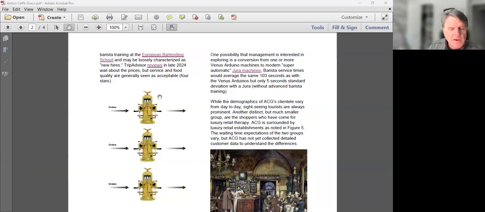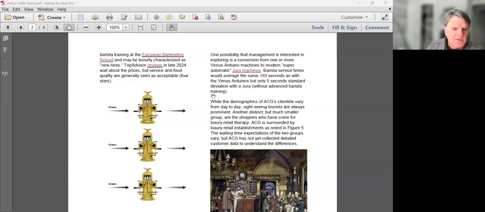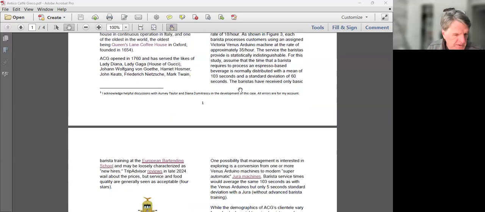Right. So we're going to be evaluating the current operation, which has untrained baristas who are providing service with a mean service time of 103 seconds, standard deviation of 60 seconds. Arrivals are at the rate of 18 per hour. This 103 is roughly 3,600 seconds in the hour divided by 35. That's how we get the 103.